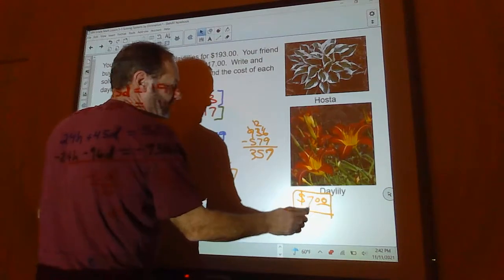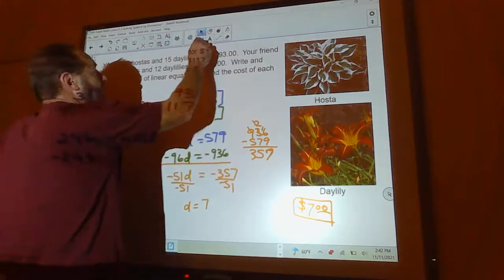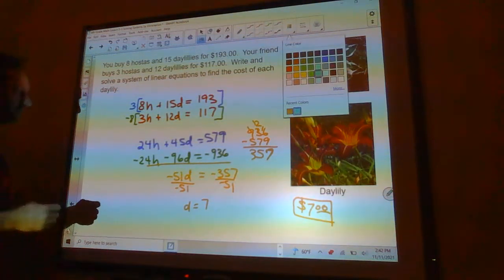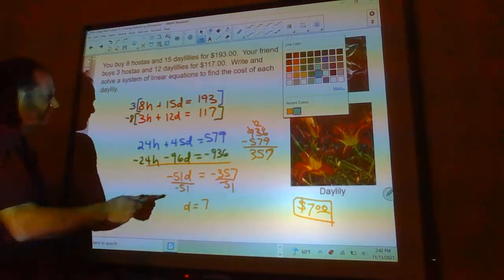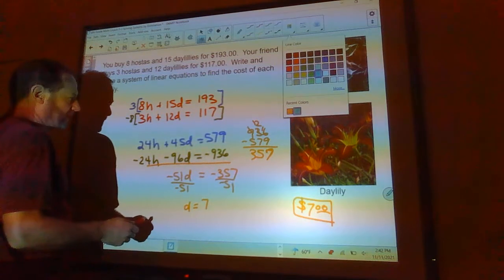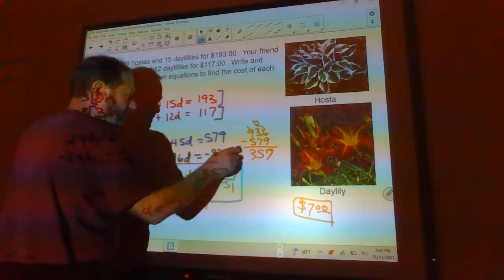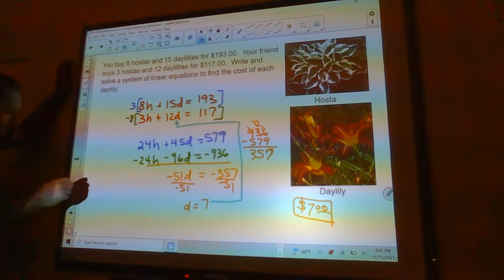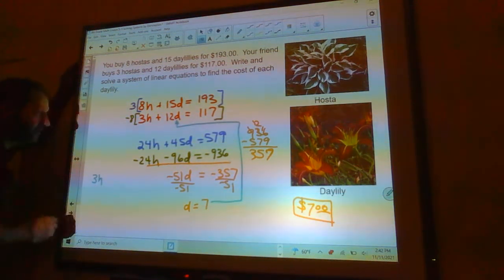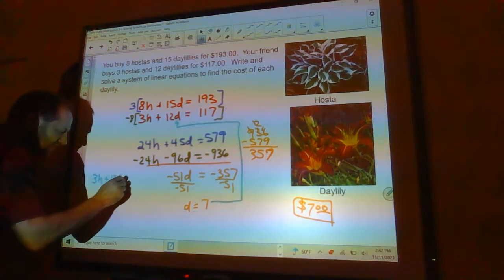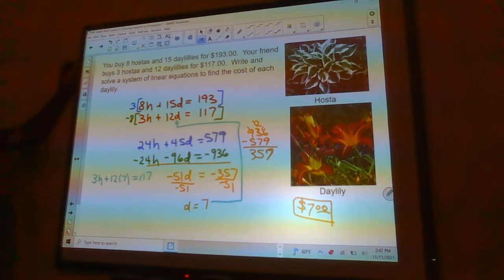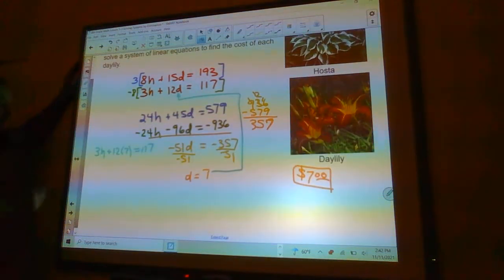Okie doke. Next, hostas. What do the hostas cost? Okay, we're going to take the 7. Let's go back to our original equation and let's do that one right there. So that would be 3h plus 12 times 7 is 117. Now I chose that one just because the numbers were smaller, so it should be easier to work with.